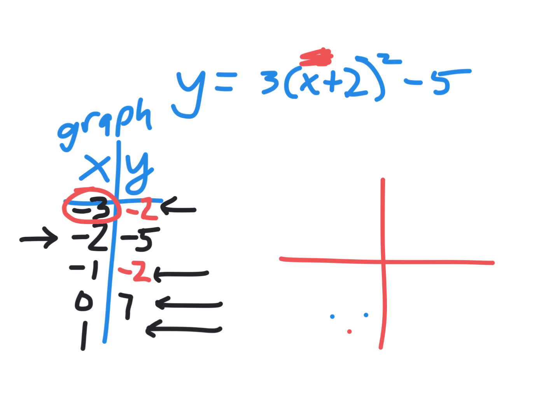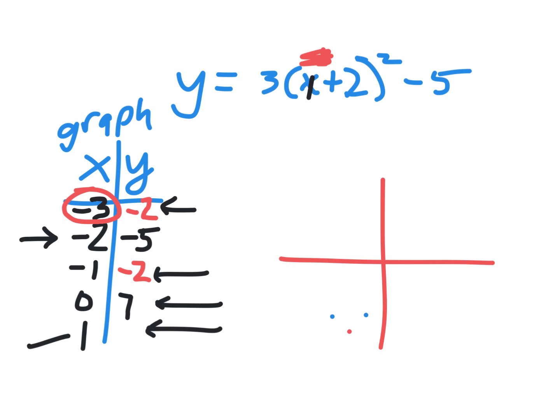Did anybody put in a, oh no, wait, I'm wrong. I should have had you put in -4 and it would have been 7. But if I put in 1, let's see what it comes out to. 1 plus 2 is 3, 3 squared is 9, 9 times 3 is 27 minus 5, 22, I think. Did anybody get 22? Uh-oh, what am I doing wrong?